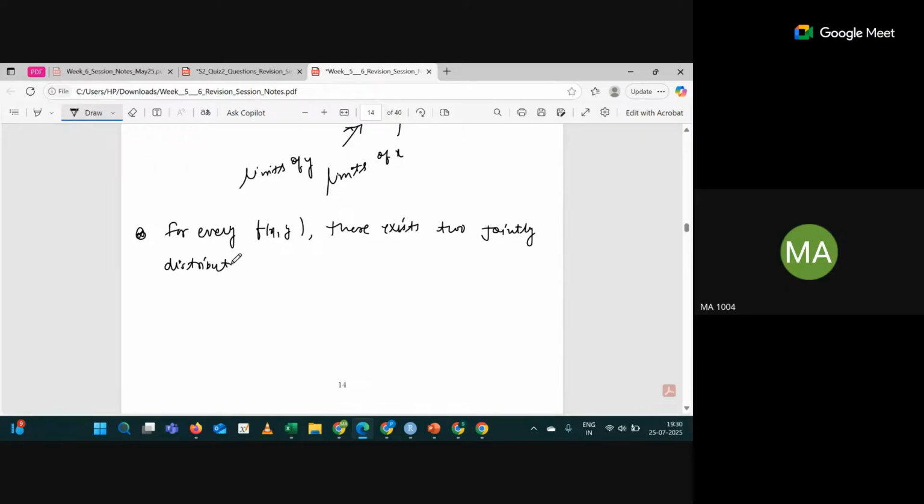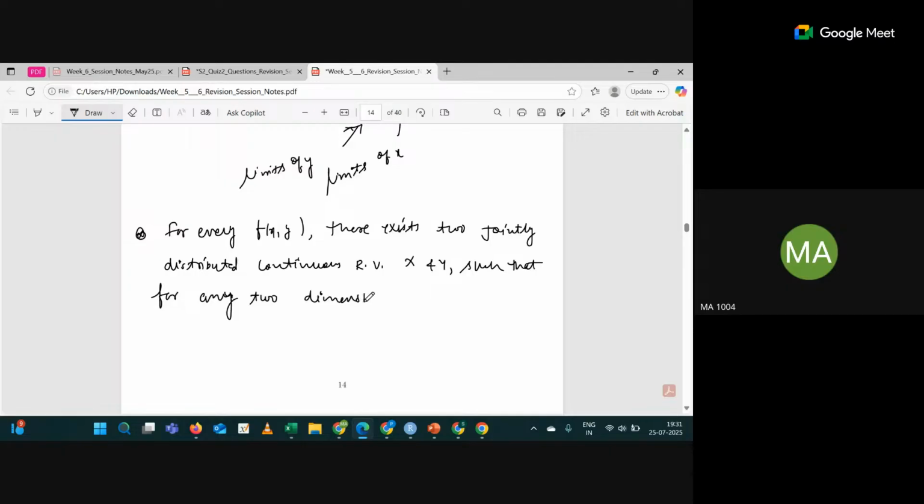If you are not getting this definition, don't worry, it will be clear in a minute.